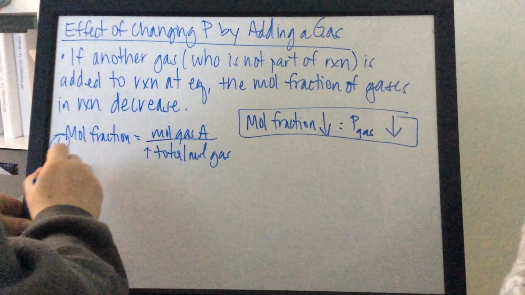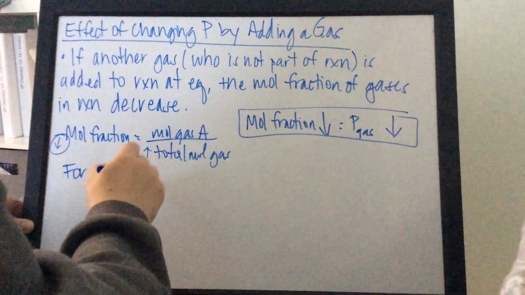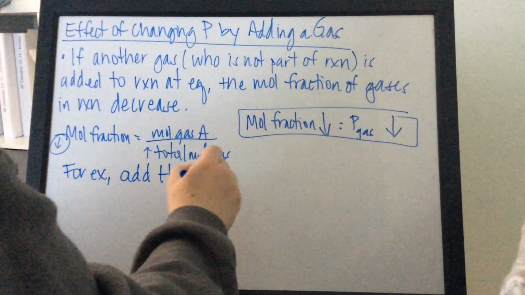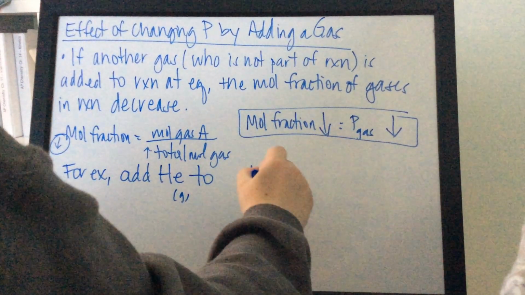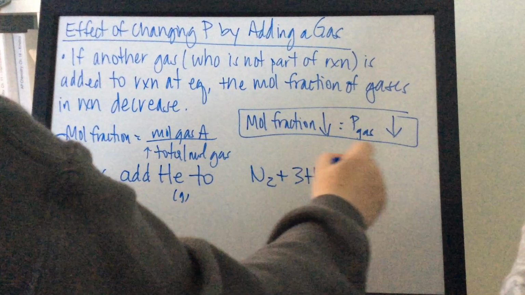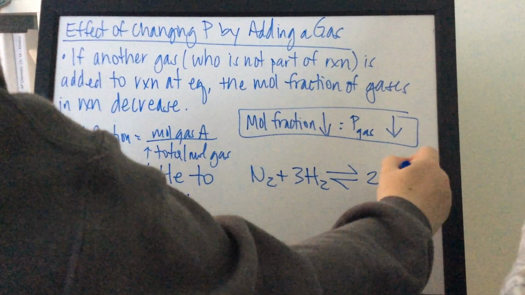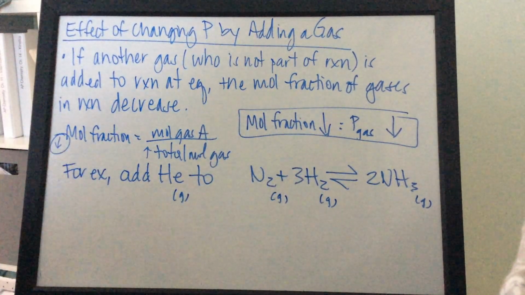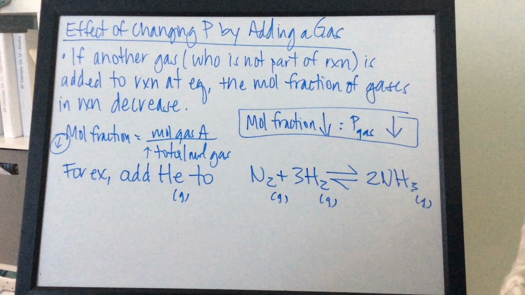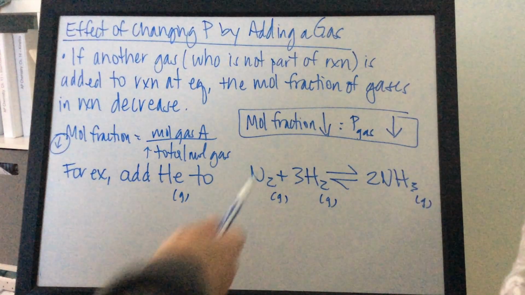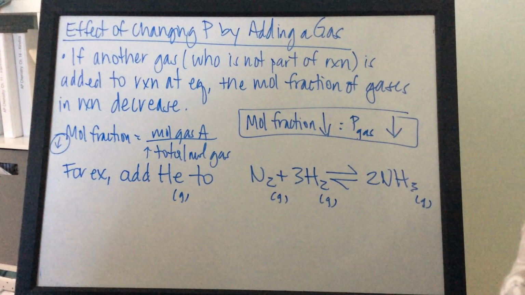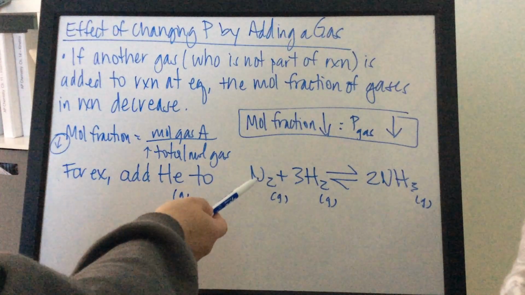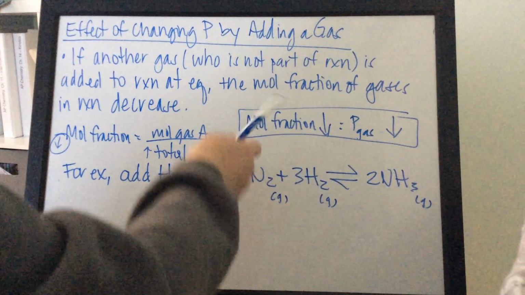So here we go. For example, we're going to add helium gas to the Haber process. Okay. So by adding the helium gas to this reaction, it's not in the reaction, okay, but it's going to cause the mole fractions of each of N2, H2, and NH3 to decrease.